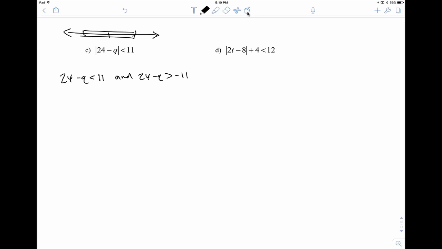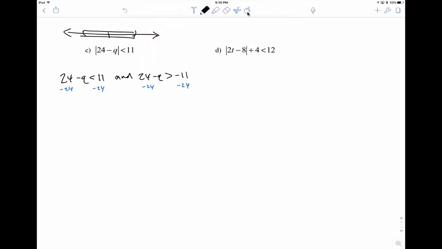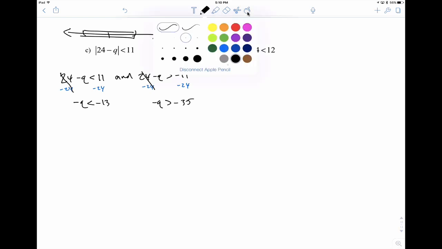So go ahead and solve through. We're going to go minus 24, minus 24, same thing over here, so we cancel out there: minus q less than minus 13, and on the other side, the other equation, minus q greater than minus 35.